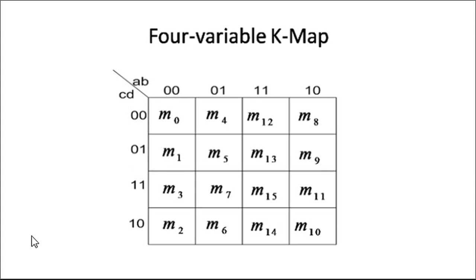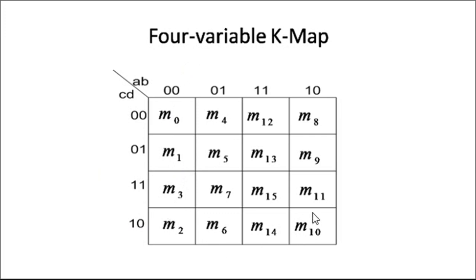For this one, 0, 0, 0, 1, so the decimal equivalent is 1. That's why we write it as M1. Similarly, here 0, 0, 1, 1 means 3. That's why we write it as M3.